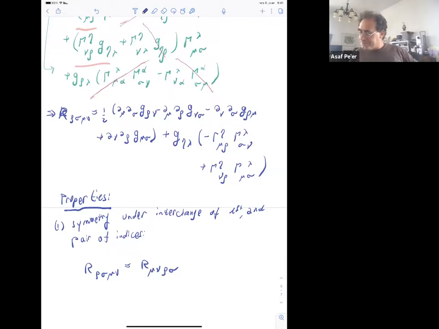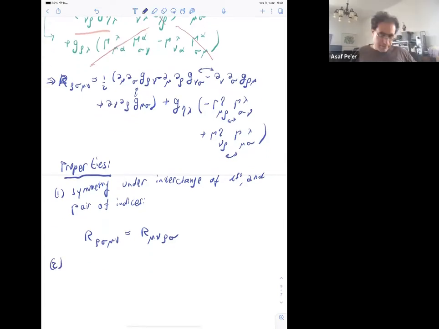If I change rho sigma with a mu nu, nothing happens. The second point is that it is anti-symmetric with respect to a single index exchange.